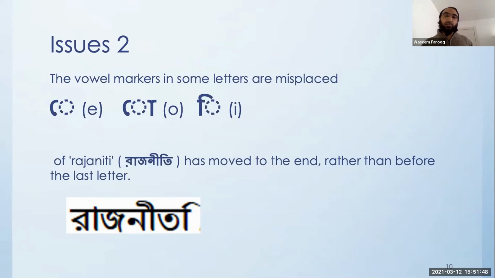Some of the vowel markers were not in the correct place. The usual place for the vowel marker is either underneath the letter or before the letter, but sometimes the vowel marker was after the letter. So in this image at the bottom, in Rajaniti, the vowel marker is at the end, and the correct version is written just above that.